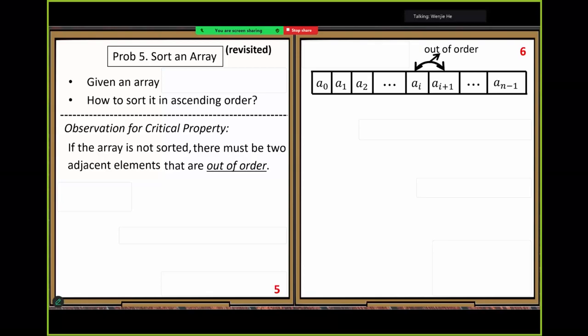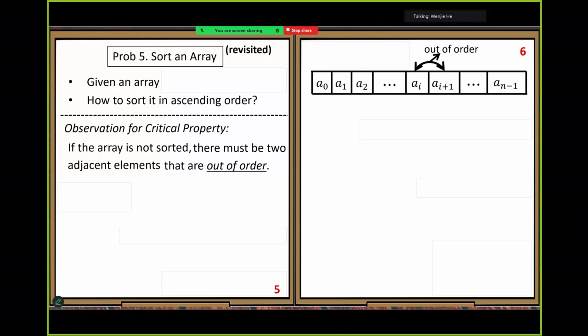You need to really think about it for a while to see whether the statement is true or not. Let me read it another time. If the array is not sorted, there must be two adjacent elements that are out of order.